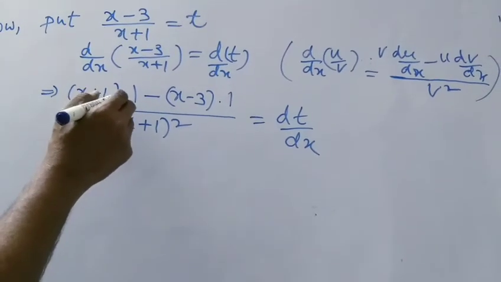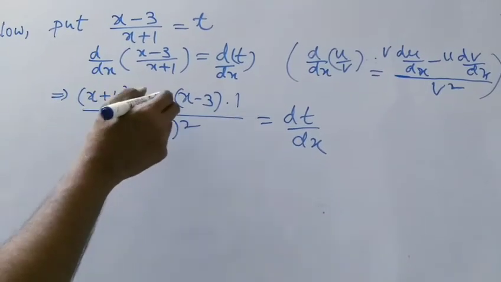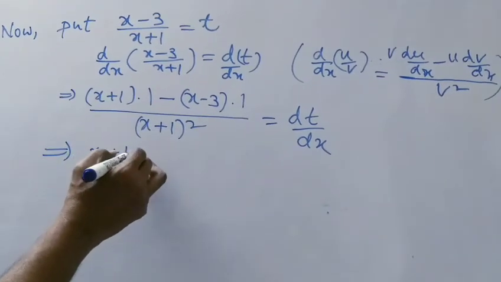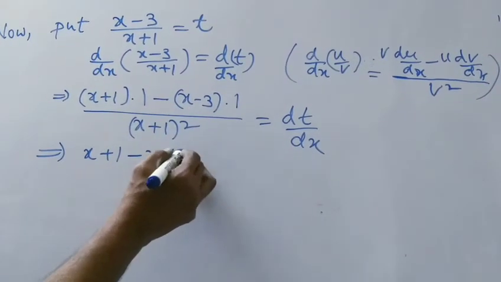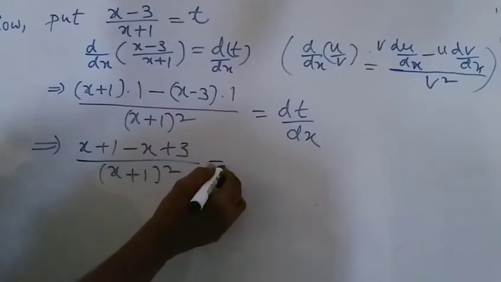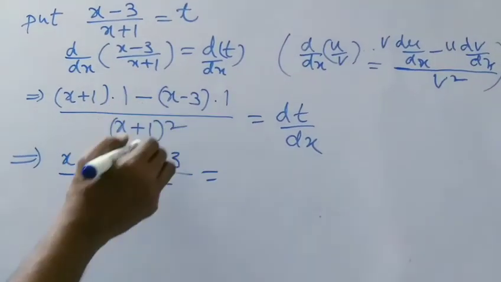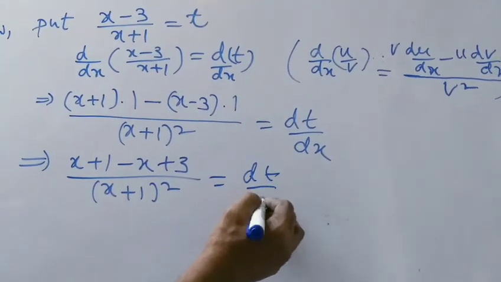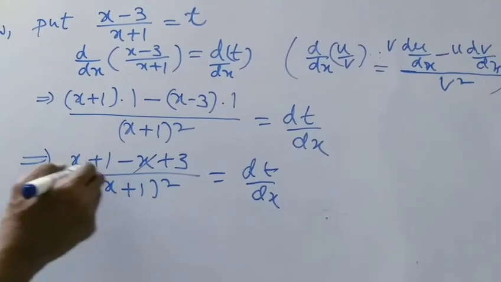Now I am expanding this by multiplying: (x plus 1) into 1 minus (x minus 3) into 1. It becomes x plus 1 minus x plus 3 by (x plus 1) whole square, is equal to dt/dx. Here the like terms plus x minus x are cancelled.